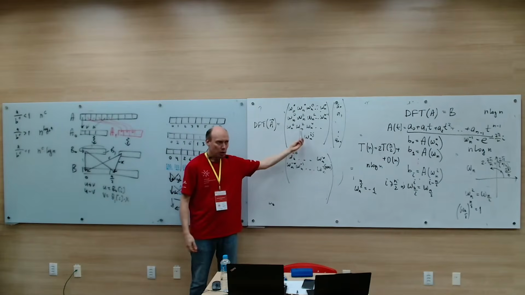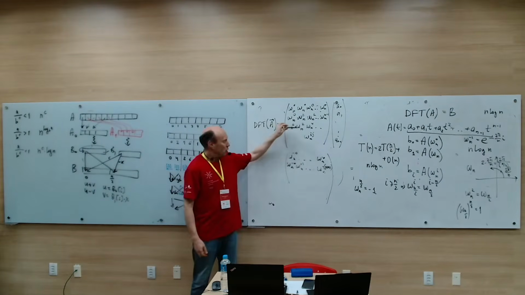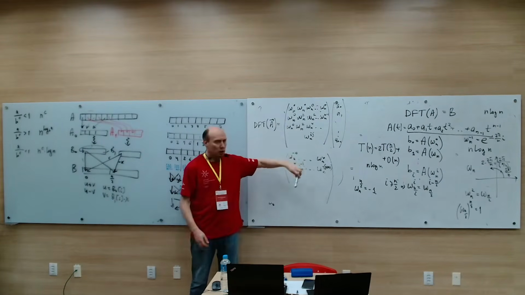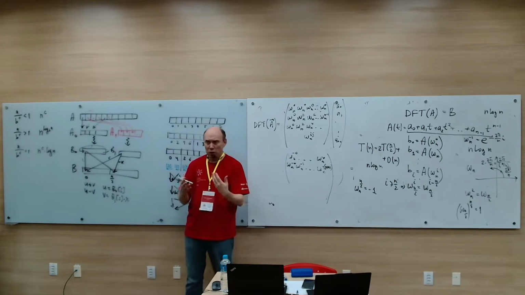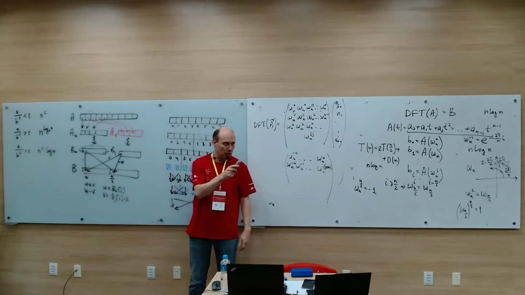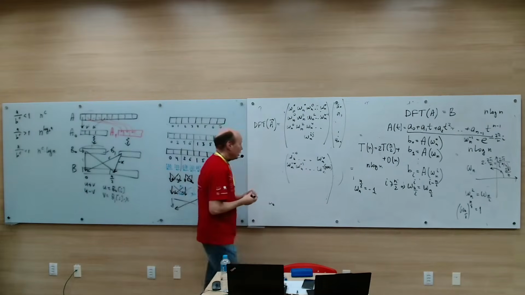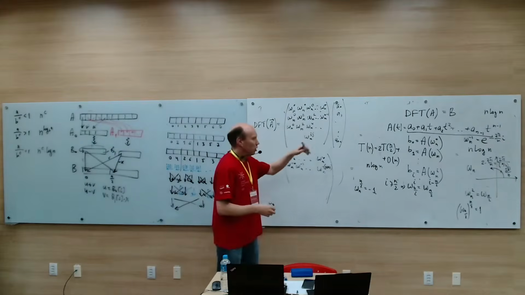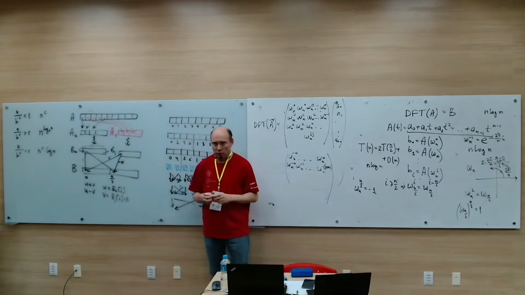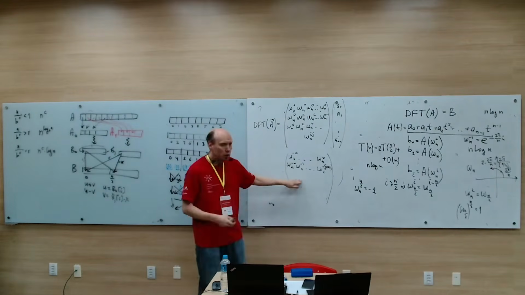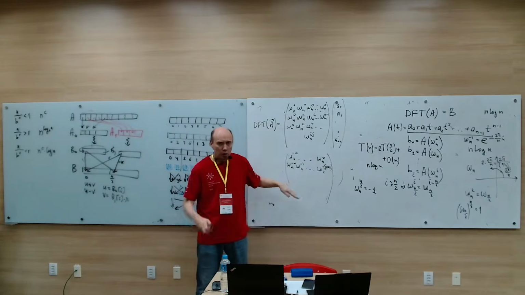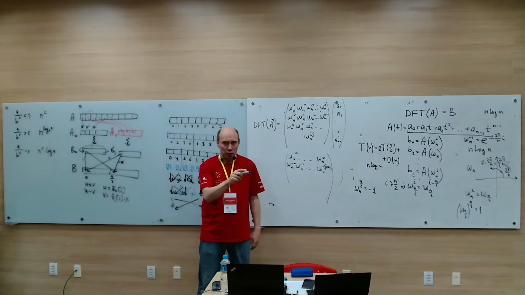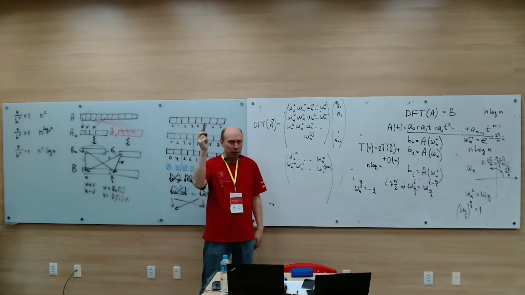If you multiply, you get the sum of n ones, which is n, and for different rows it goes to 0. So the product of these two matrices is the matrix with n's on the diagonal, and what we want is ones on the diagonal.